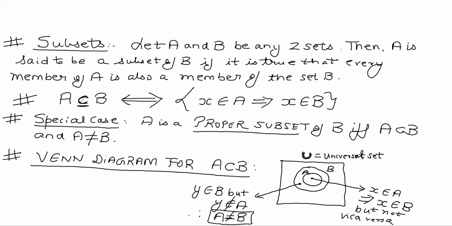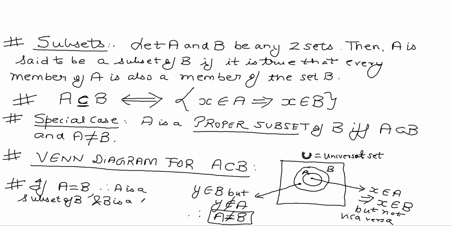A will be called a proper subset if A lies within B and A is smaller than B. But what if A and B are exactly the same? If A is exactly equal to B, I can say that A is a subset of B and B is a subset of A.